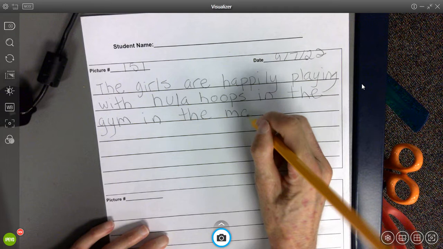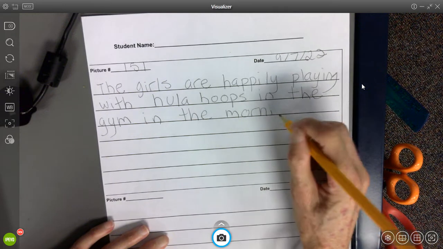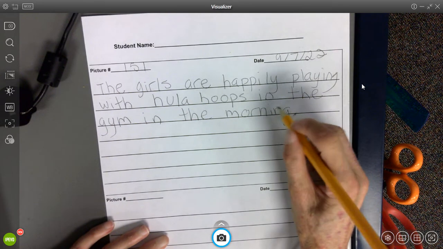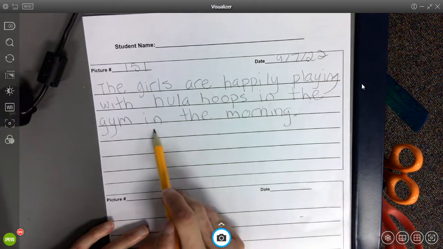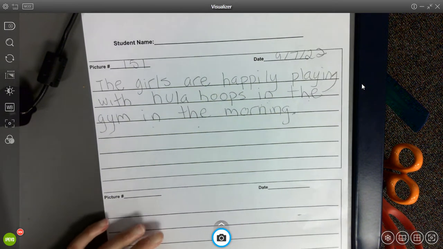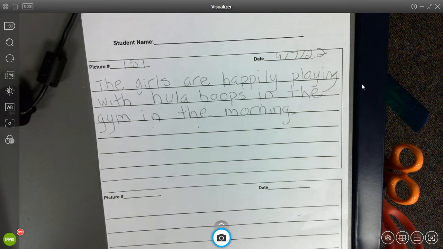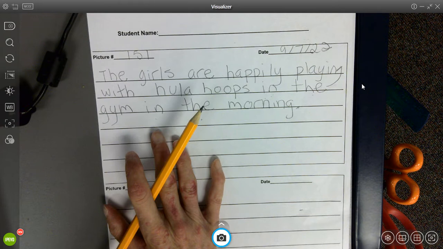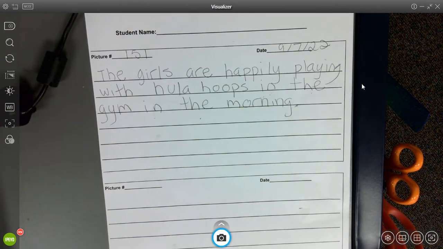And even as I write this, I realize I didn't really do a gorgeous sentence because I have in the twice. But that's okay because we do a sentence variation. After I do my first sentence, the girls are happily playing with hula hoops in the gym in the morning. Again, it's not my best sentence, but that's okay because I get a second chance.